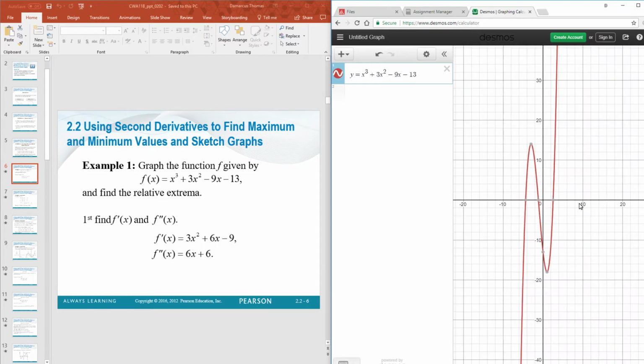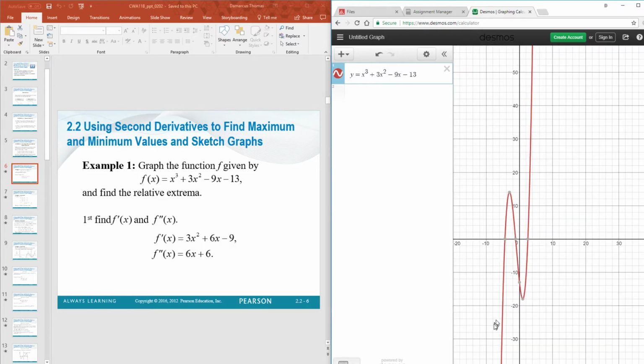There's our function. This is what it looks like. And as you can see, the function actually has a relative maximum and a relative minimum, and it is concave up from this point to that point, and it is concave down from this point to that point.